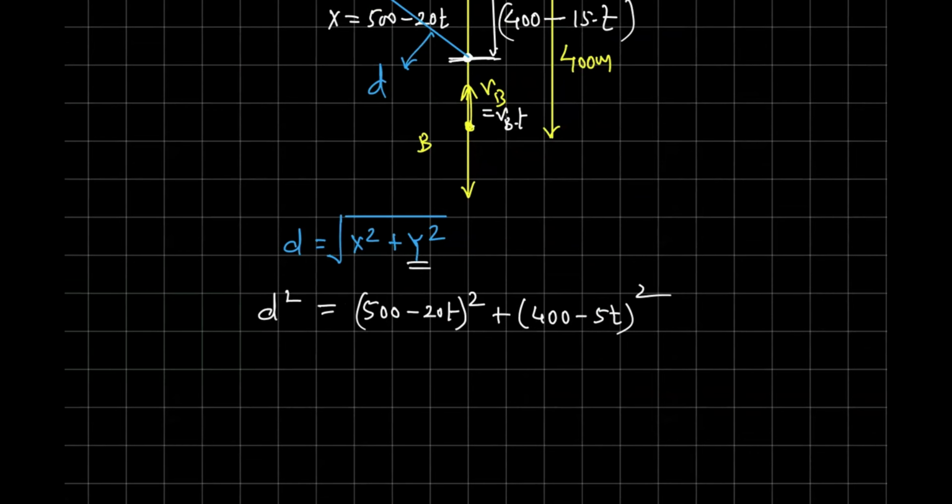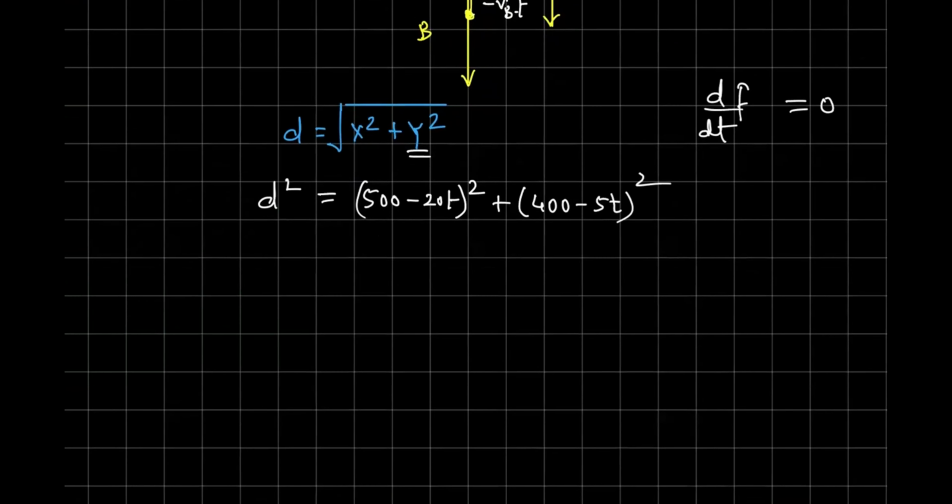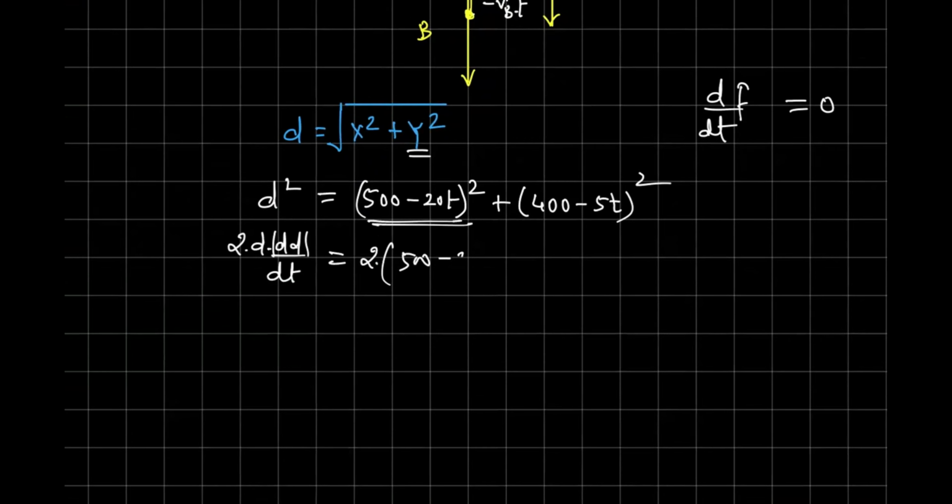तो जब भी कभी आपको किसी का मैक्सिमा या मिनिमा निकालना होता है, at that time we differentiate that thing with respect to time and equate that function equal to 0, so we'll get maxima and minima. So what we'll do here, we also differentiate with respect to time. When I differentiate, that is 2d into dd, then if you differentiate this one, you'll get 2 into 500 minus 20t, then again into minus 20, plus 2 into 400 minus 15t into minus 15, and this term we have to get equal to 0.